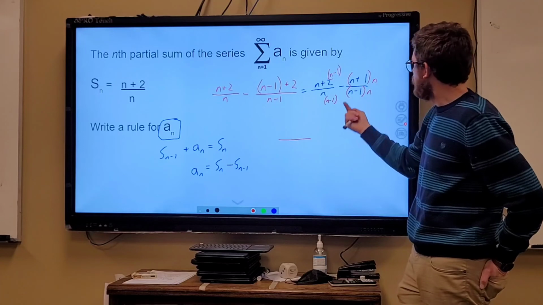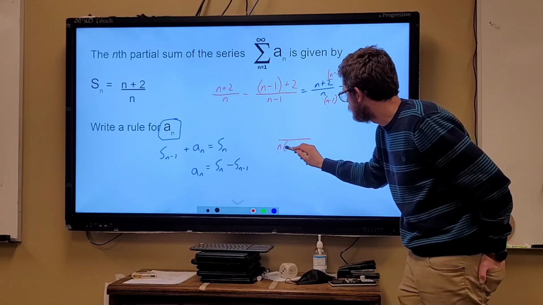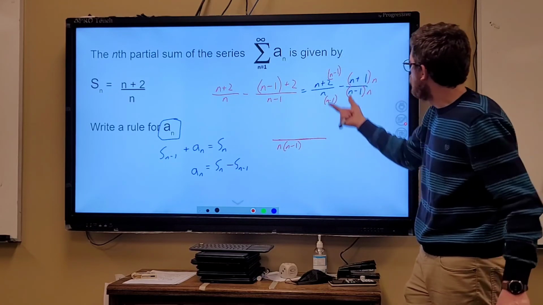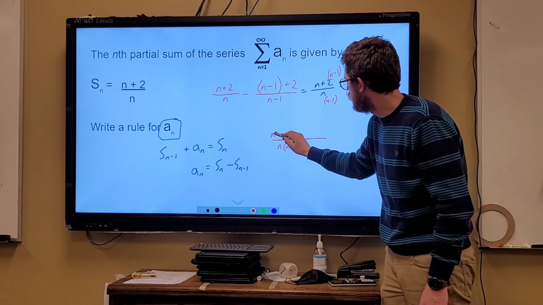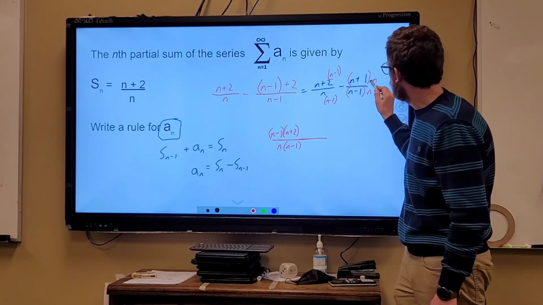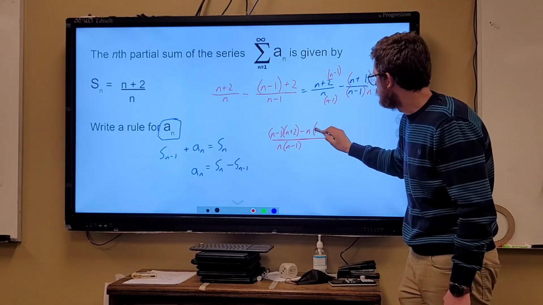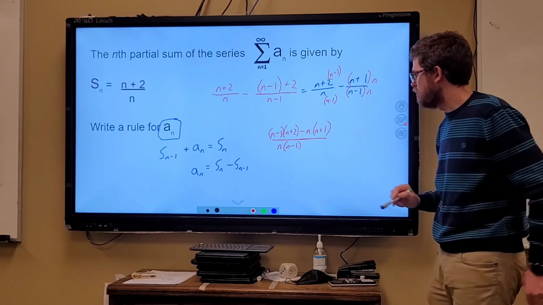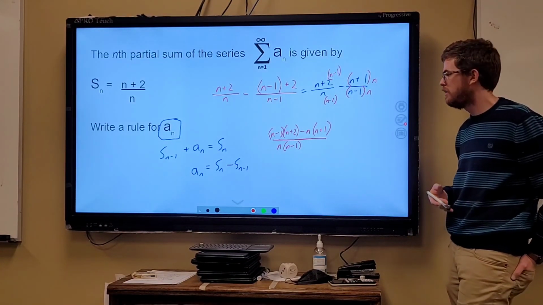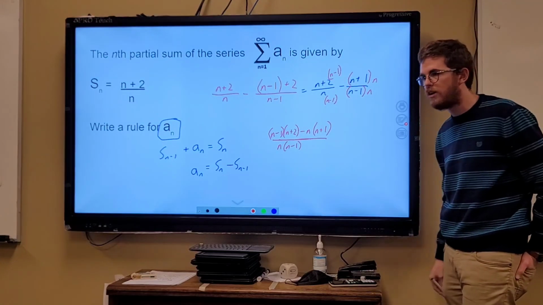So the denominator is the same now. But our numerator, n minus 1 times n plus 2, minus n times n plus 1. And at this point, it's just about cleaning it up to the point that we can match a multiple choice answer.